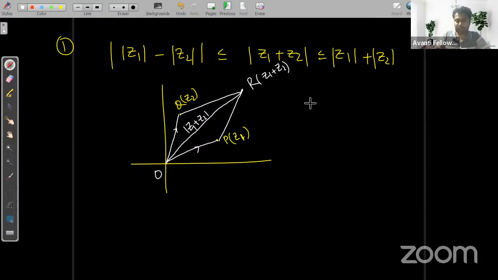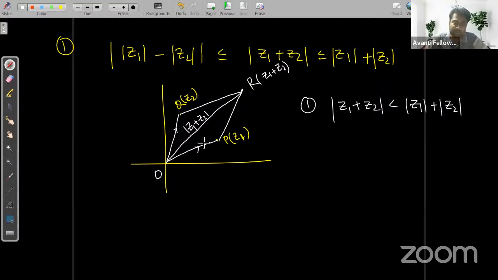Now you can observe the first triangle inequality is satisfied, that is mod of Z1 plus Z2 is less than mod of Z1 plus mod of Z2.